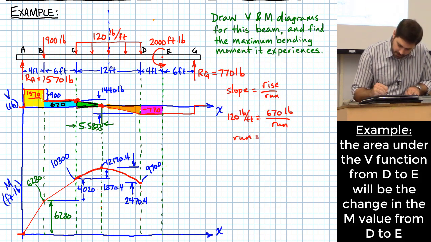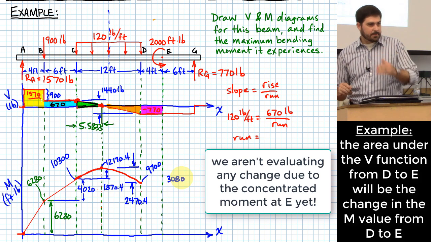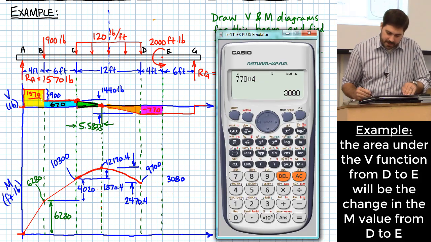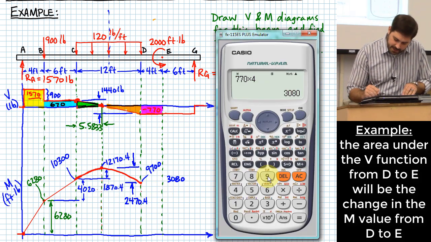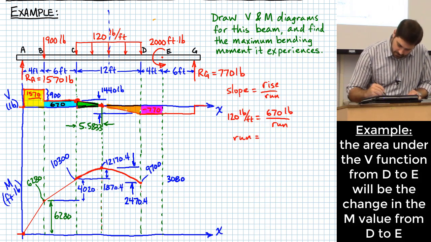Let me write that on here somewhere. We haven't got there yet, we're coming up to that pretty soon. We're doing this little segment from D to E right now. So I need to take that 3,080 and subtract it from 9,700, which takes me down to 6,620. 1, 2, 3, 4, 5, 6.5 maybe or so.